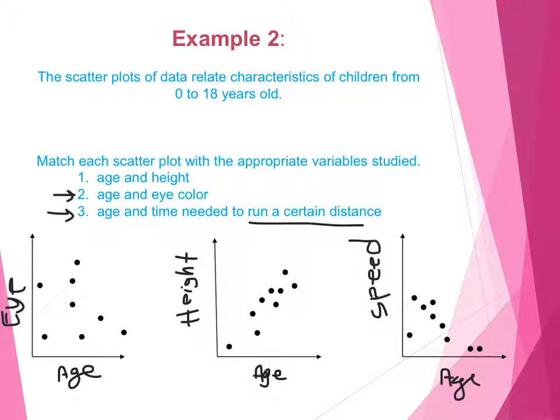So this would be a good example of number 3, where your age will impact your time needed to run a distance to a certain point. But then the other thing is we know as we continue to age, then what's going to happen to this scatter plot? That scatter plot would start to move back upward again, because as we age into our 60s, 70s, whatever, the slower that we're going to get.